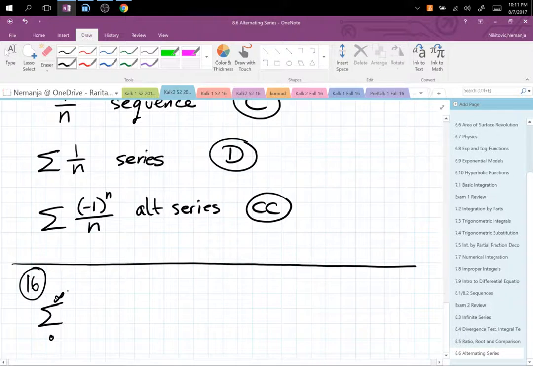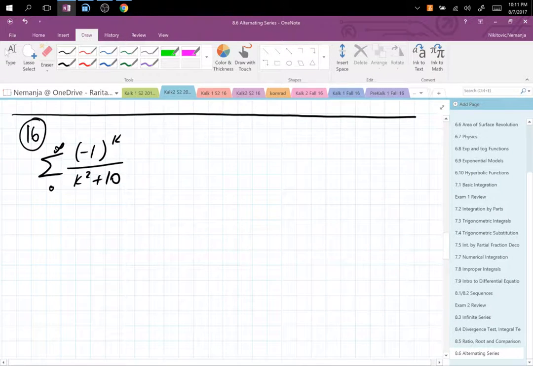The sum from k equals 0 to infinity of (-1)^k over k squared plus 10. You remember this problem? It was convergent, right? By comparison test. Where do we start? We start by stripping a_k, which is 1 over k squared plus 10.